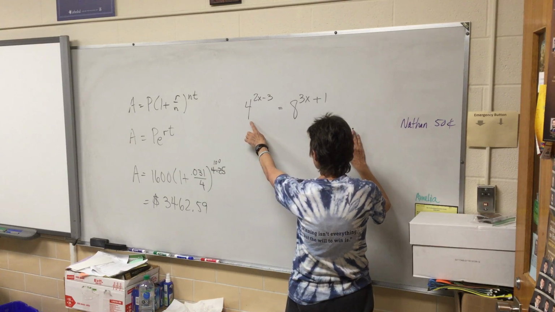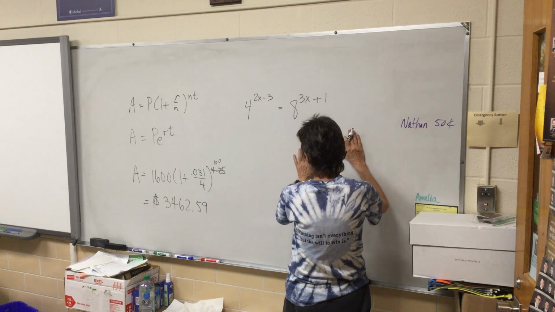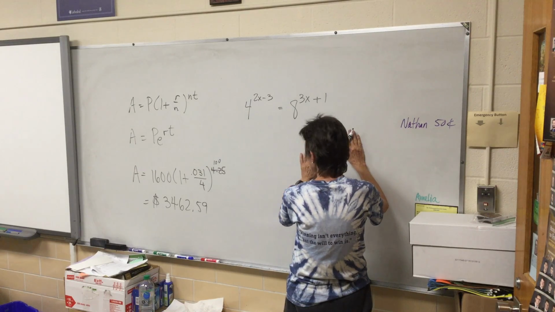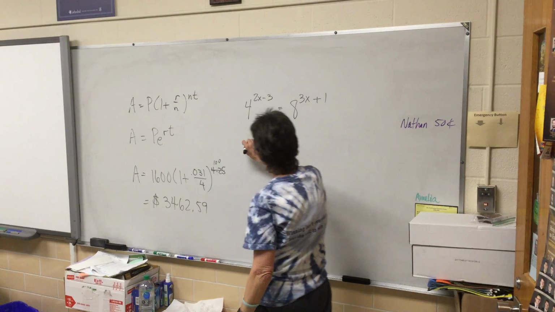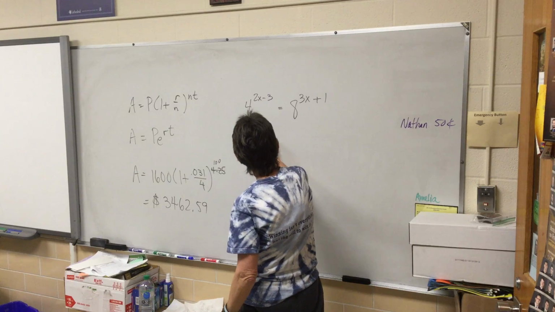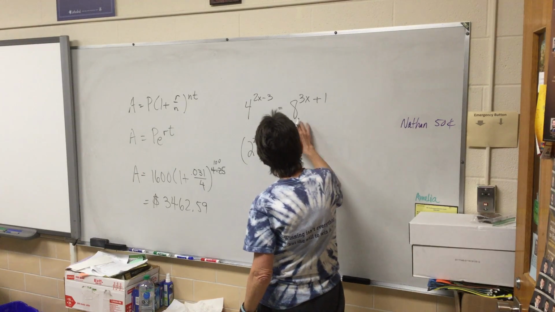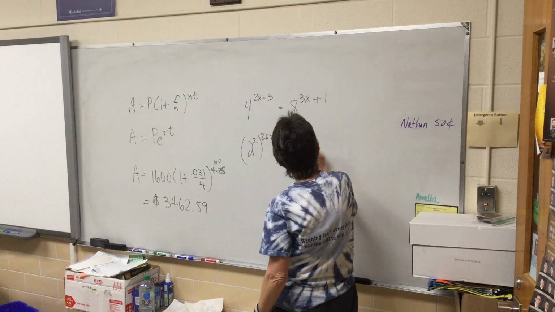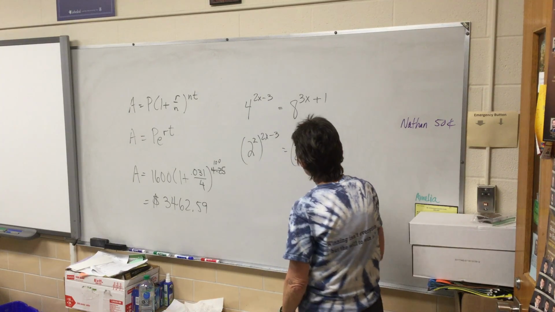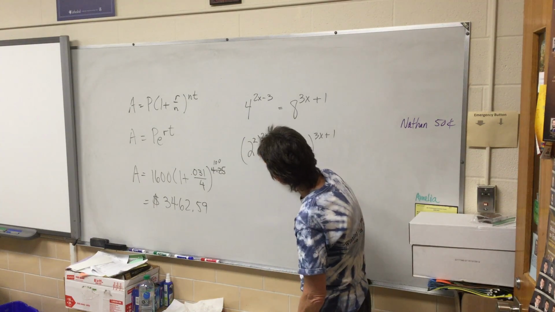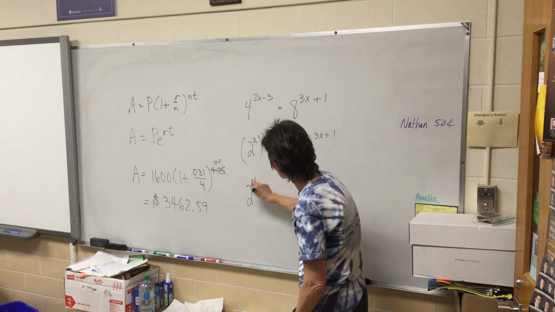So we need to pay attention to the fact that we have a 4 and an 8. Those are not random numbers. 4 is 2 squared, and 8 is 2 cubed. Whenever you have a double exponent, you're multiplying.